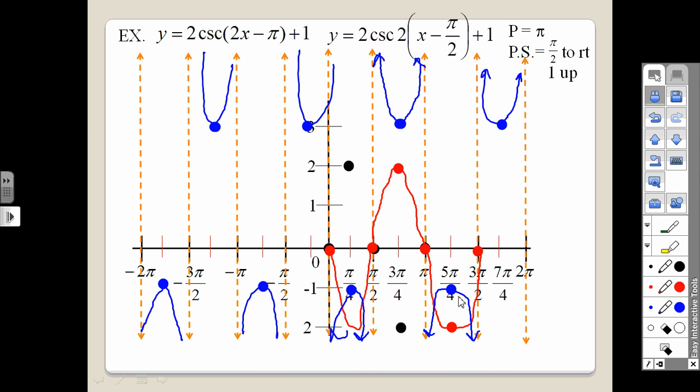And just one last piece of advice: remember to not shift your sine or cosine curve vertically until after you have found your asymptotes. So do the horizontal shift, do a period change, then find your asymptotes, and then do any vertical shift that you might need to do for your final curve.